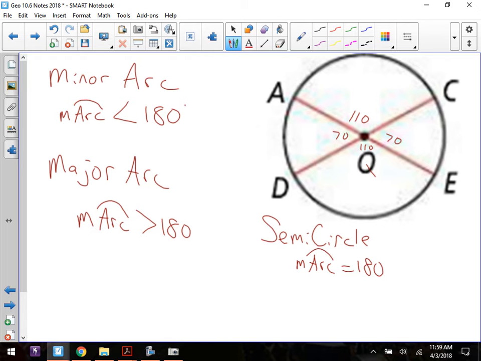I'm generically using the word arc for this, but more often than not, you can tell what kind of arc you have by the number of letters you're given. For example, minor arcs are generally written with 2 letters.